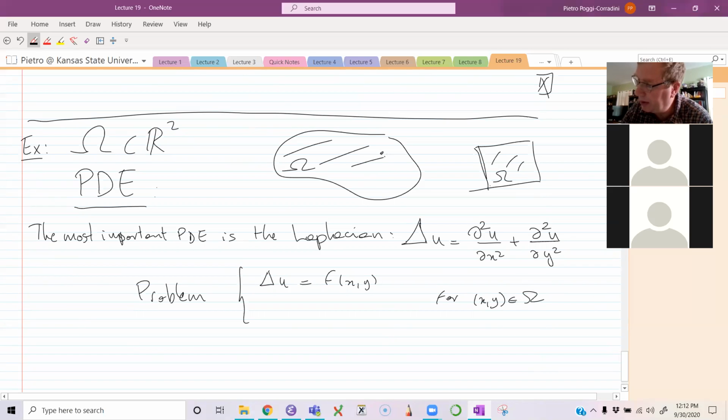If you have a point here, xy, you want to find a function U with that Laplacian, and also you want to impose that U restricted to the boundary be equal to some function G. So out here, then U needs to have some boundary values. Okay, this is called the Poisson problem.